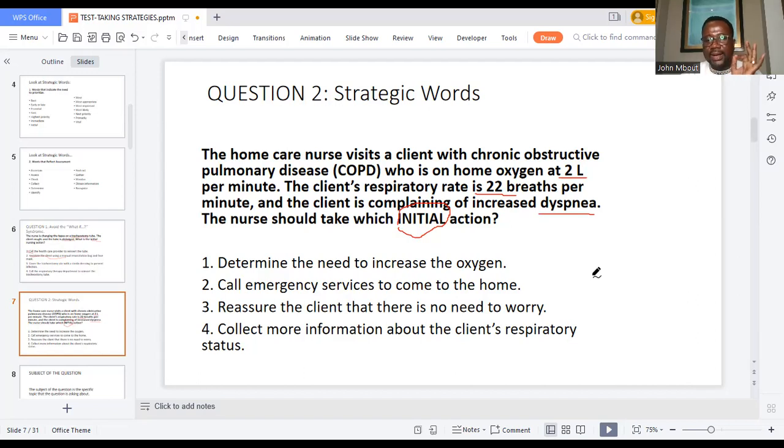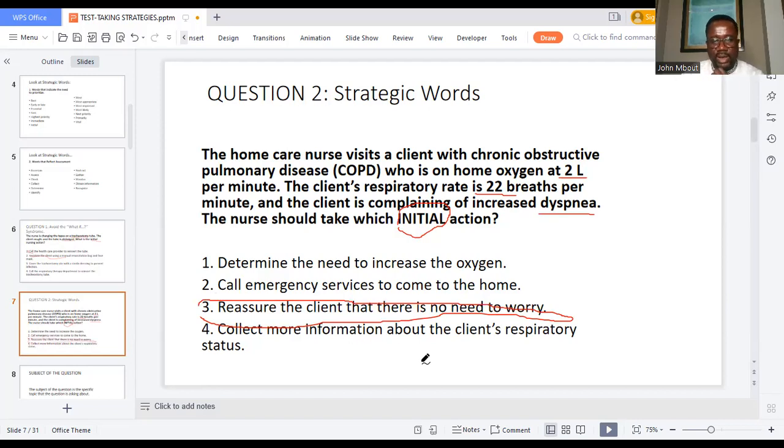Option two, call the emergency service to come to the home, I explained already. Option three, reassure the client that there is no need to worry. Is this good therapeutic communication as a healthcare professional? Don't give false assurance. We are eliminating this one without wasting time.